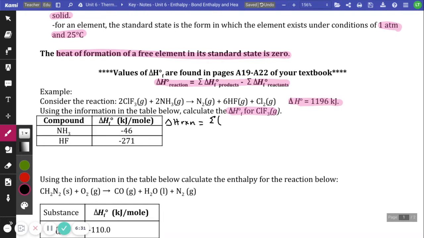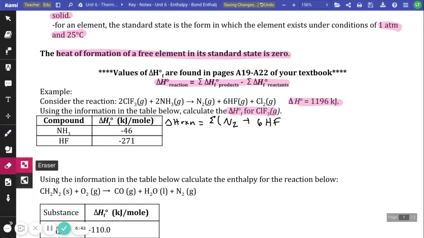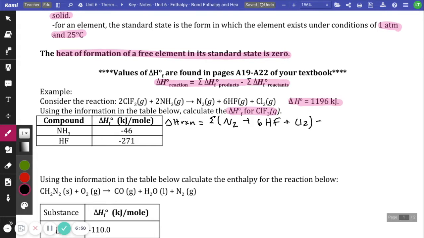So N2, the heat of formation of that, plus 6 times the heat of formation of HF, plus 1 times the heat of formation of chlorine, minus the sum of the heats of formation of our reactants. So 2 times the heat of formation of chlorine trifluoride plus 2 times the heat of formation of NH3.